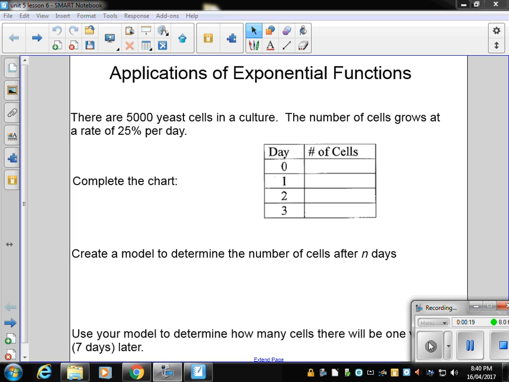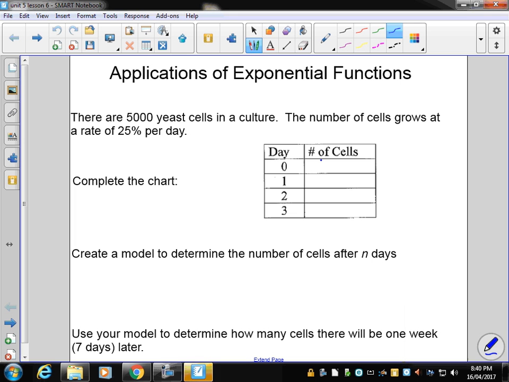So you started at 5,000. So at the beginning of our story, we have 5,000. Now they're growing at an alarming rate. We're going to add 25%. So how do I figure this out? Well, I want to figure out what 25% of 5,000 is.